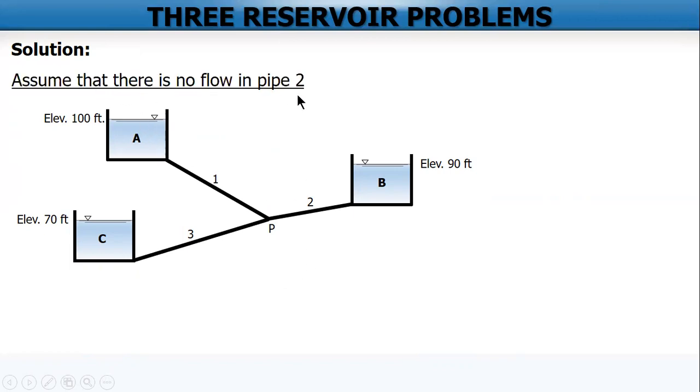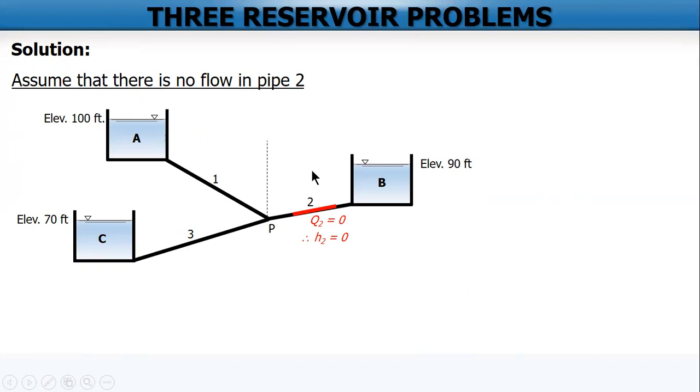Assume that there is no flow in pipe 2, or simply Q2 equals 0. If Q2 equals 0, the head loss is also 0, because the expression for head loss or friction loss involves Q. So if Q is 0, friction loss is 0.